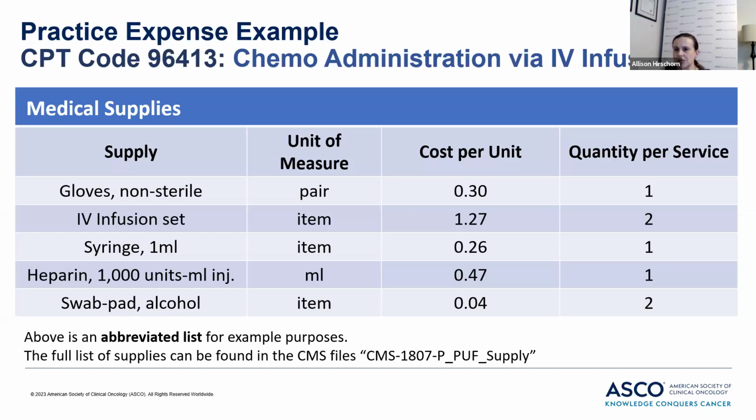So in 2017, CMS contracted with an outside consulting firm to update the direct PE inputs for supply and equipment pricing. And CMS did update pricing in 2017 for supply and equipment items used as direct PE inputs. CMS transitioned those supply and equipment pricing updates over a 4-year phase-in.